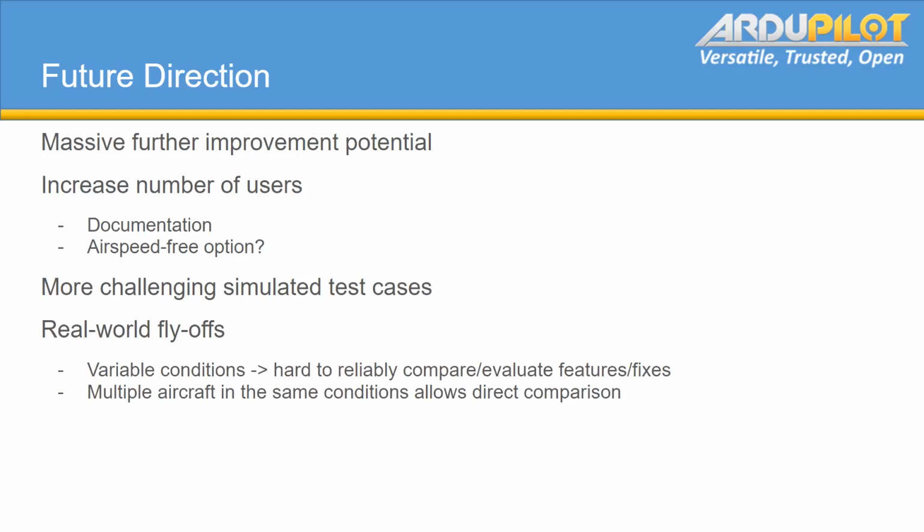So if you're flying the same aircraft twice with different versions of the code or different features enabled, you can't expect to get a reliable idea, except in a very probabilistic sense, about whether the change made an improvement. One way of getting around that is to have multiple aircraft flying in the same weather conditions. This is something that I think is going to be very big this year. I've actually got set up multiple almost identical aircraft, which I'm going to use to do back-to-back testing of different variations.